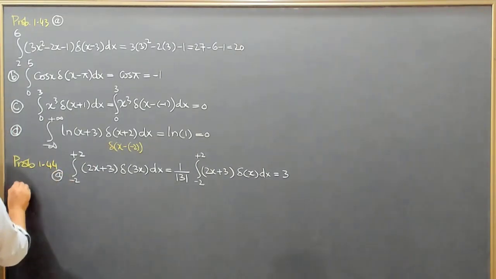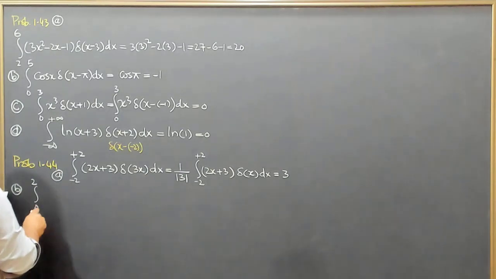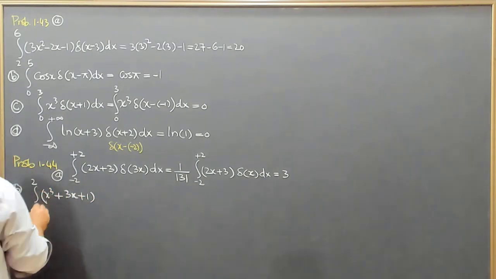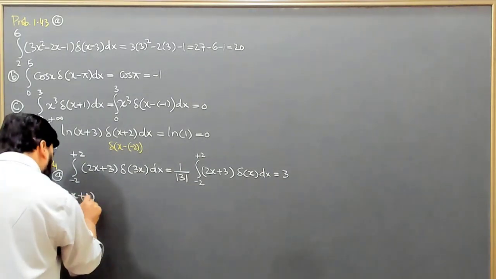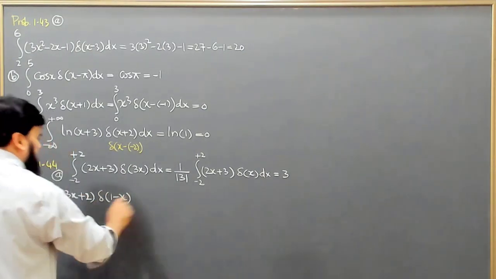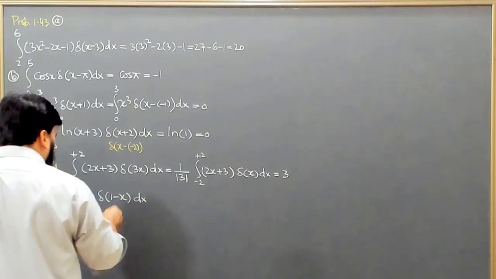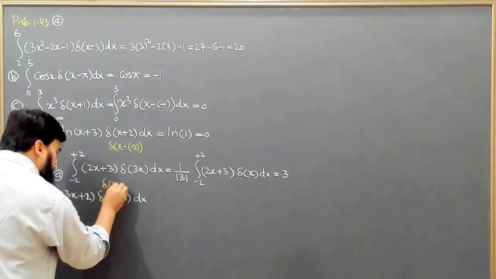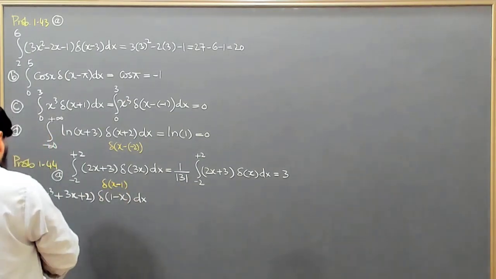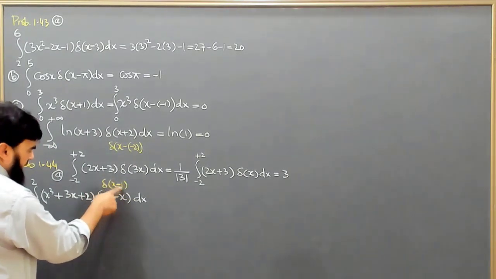Now in part B, our delta function has been changed, and it is the integral from 0 to 2 of x cubed plus 3x plus 2 times delta of 1 minus x dx. Now I will write this as delta of x minus 1, taking the minus sign common.